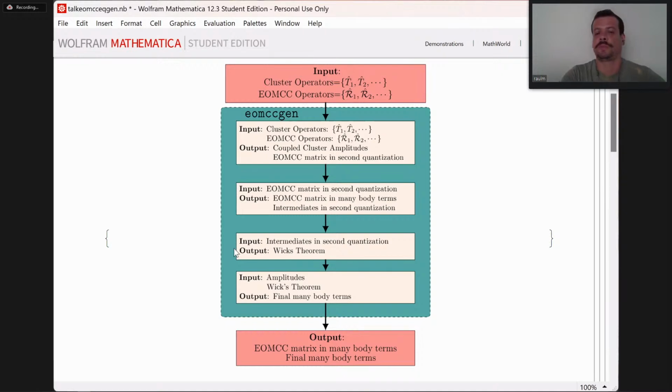We do all the possible combinations that I mentioned before, the pair combinations. And finally, we need to operate this Kronecker delta in the summation to obtain everything in terms of the amplitudes and the integrals, the 1 and 2 electron integrals that I described at the beginning.